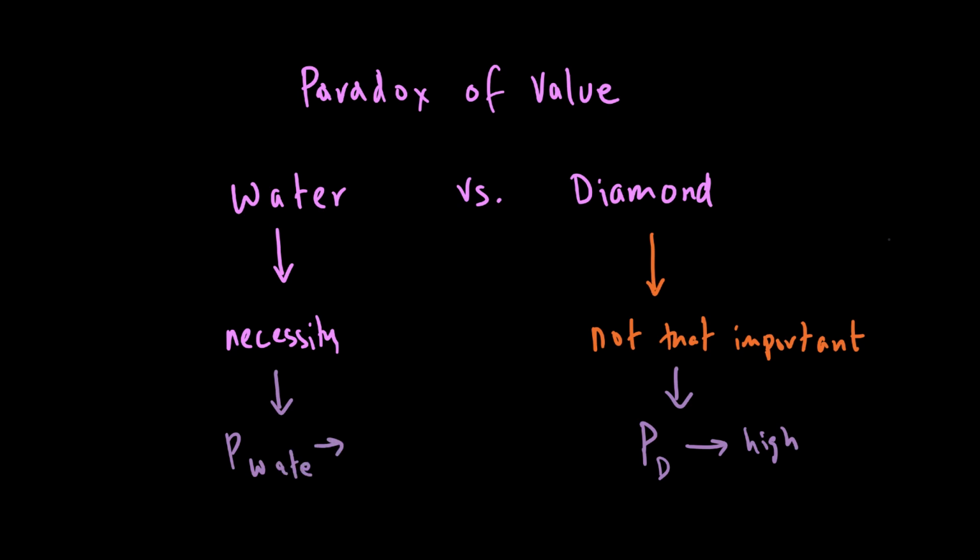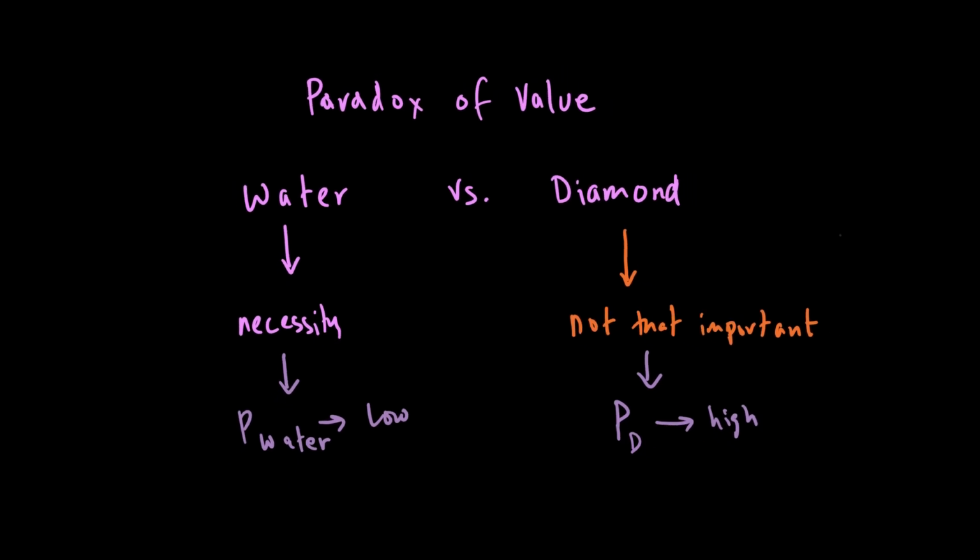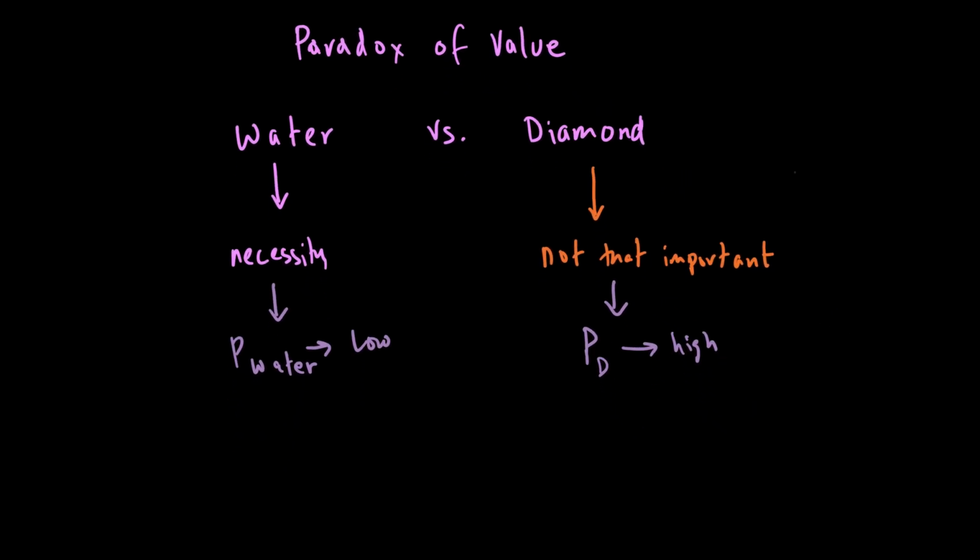So one would argue this: why is it that a good that is so important for our survival, like water, is so low in price, while diamond, which is so unimportant for our survival or for our lives, is so expensive?